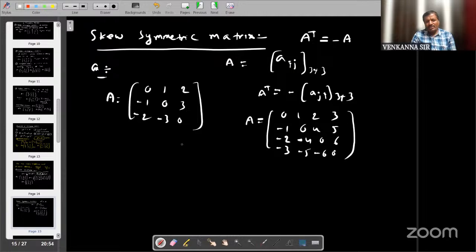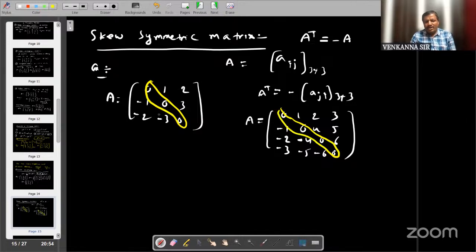What is the important observation? In both examples, all principal diagonal elements must be zeros. Observe, that's a very important point.